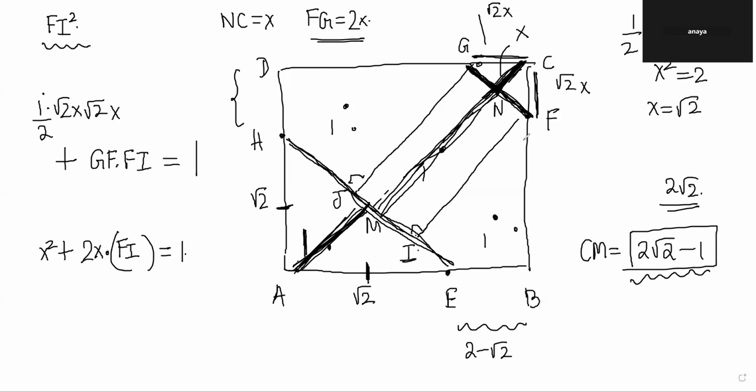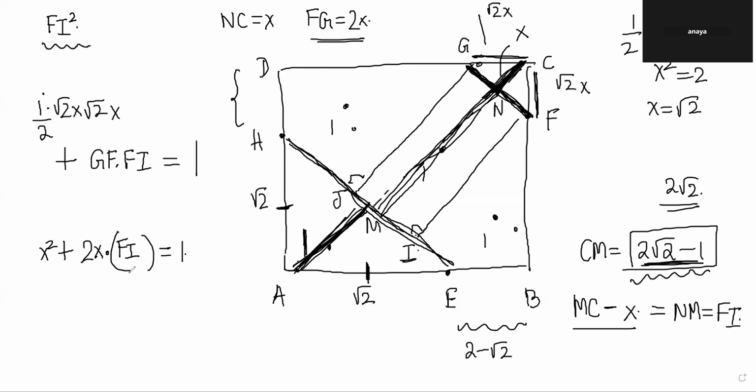And FI we know is same as NM, and NM we can write as MC minus X, right? That's what I'm trying to do. NM is same as FI, and NM is MC minus X, and MC we already know is this much.